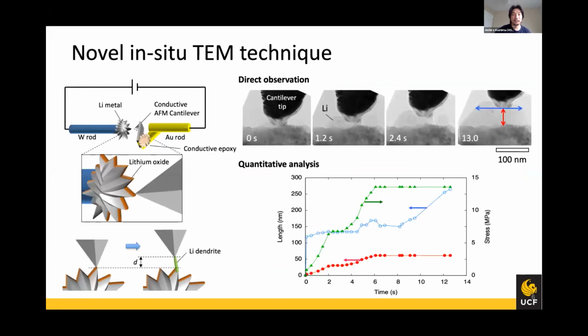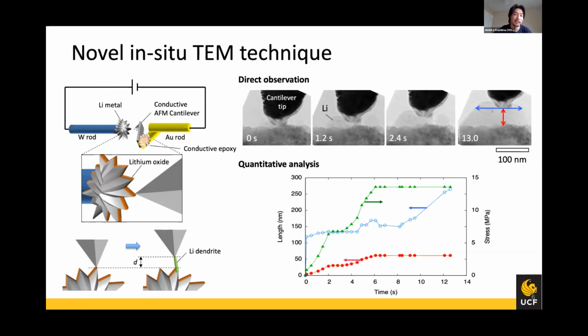Okay, so I've developed this in-situ technique that can directly observe the reaction mechanism under electrochemical biasing. And you can also measure the mechanical force applied to the dendrite by combining an AFM cantilever and this in-situ TEM holder that can manipulate metal probes.